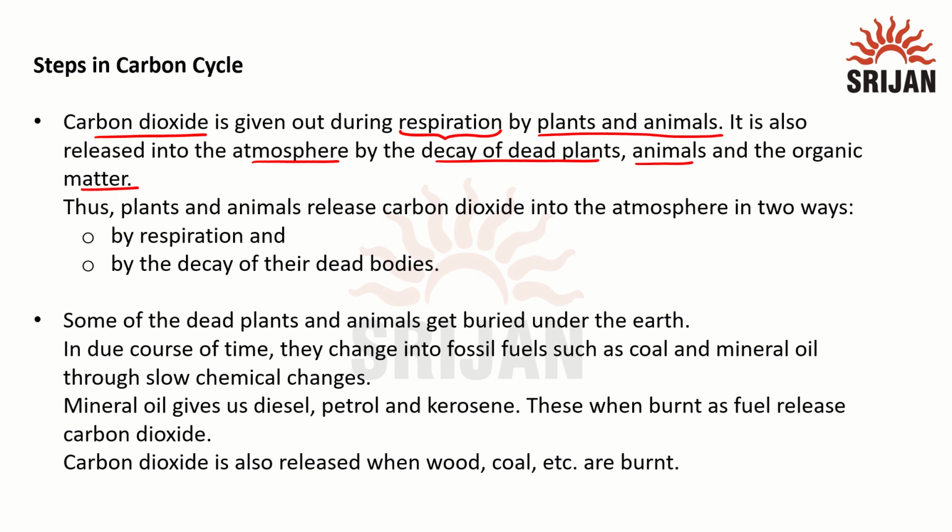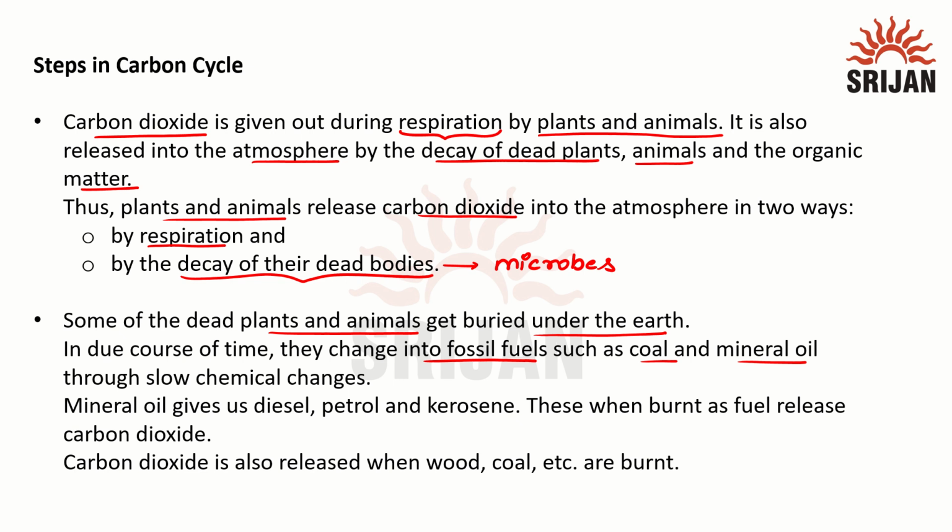Thus we can tell that plants and animals release CO2 into the atmosphere in two ways. One is by respiration, the other is by decaying of their dead bodies, and this occurs with the help of microbes. And some of the dead plants and animals get buried under the earth, and in due course of time certain reactions occur on them and they change into fossil fuels such as coal and mineral oil.